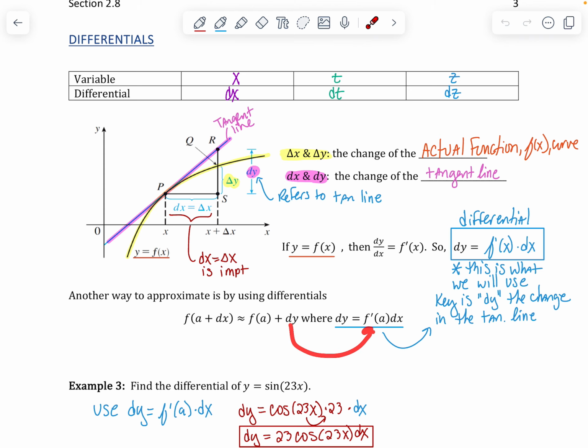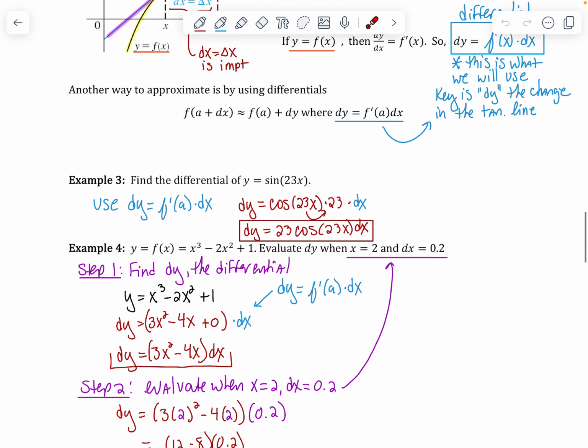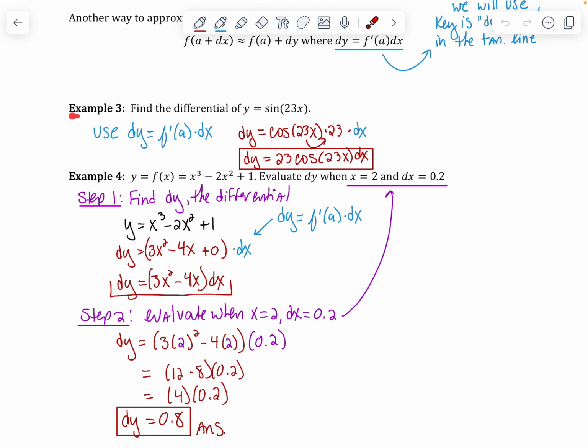In the case of dy, we're going to use this formula, and we'll tie it back to the original on the next page. For now, example 3 just asks us to find the differential. So we're not actually finding exactly what sine of 23x is, nor an approximation for sine of 23x. We're just finding the formula that we're going to use later to find that.